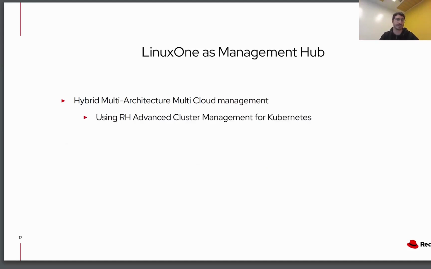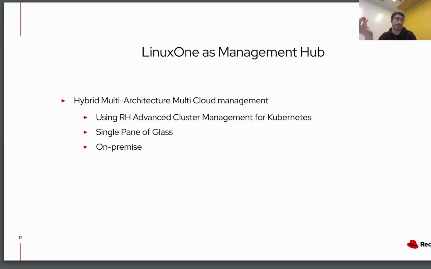There is, for instance, Red Hat Advanced Cluster Management for Kubernetes, which basically is an abstraction layer on top of Kubernetes that allows you to manage multiple Kubernetes or OpenShift clusters throughout your estate. And if you put it on LinuxONE, you will also have all the advantages of uptime and so on that LinuxONE guarantees you, to ensure that your single pane of glass is always on.